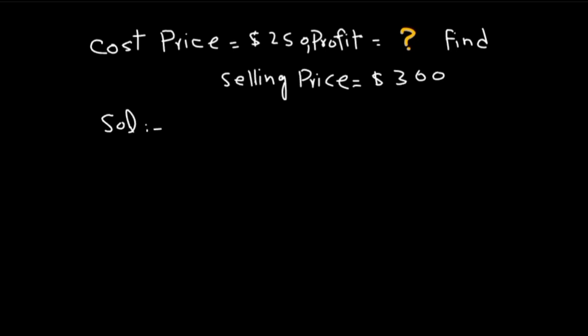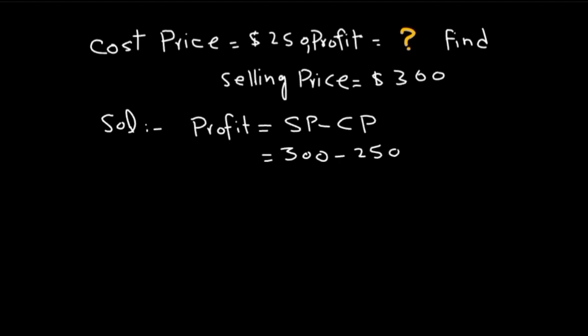The formula for the profit is equal to selling price minus cost price. So selling price we have 300 minus cost price we have 250. This is a simple profit.